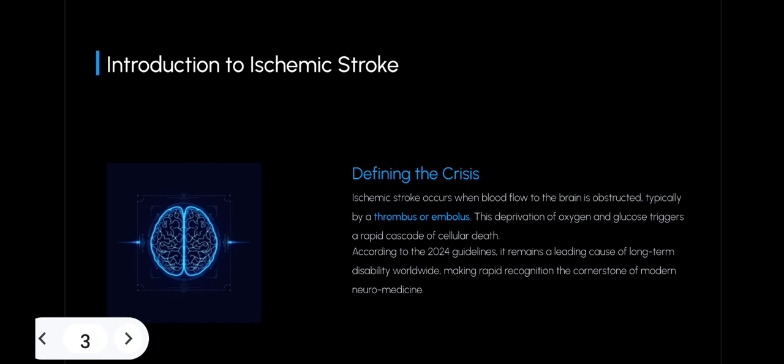According to the 2024 guidelines, it remains a leading cause of long-term disability worldwide, making rapid recognition the cornerstone of modern neuromedicine. So this is a brief introduction to this advanced stage stroke.